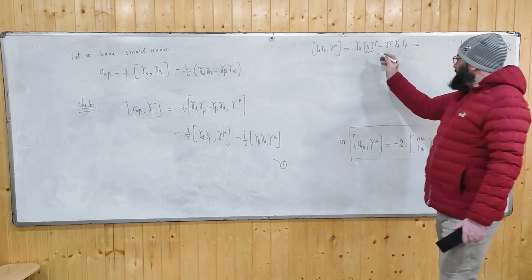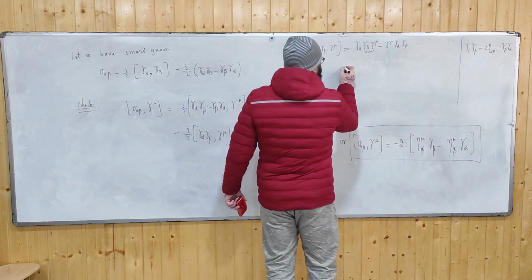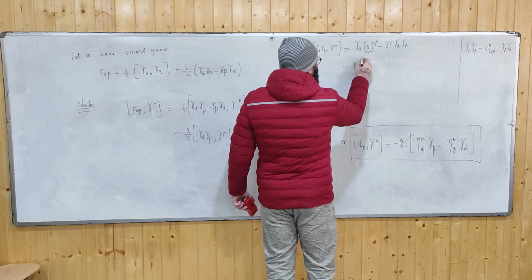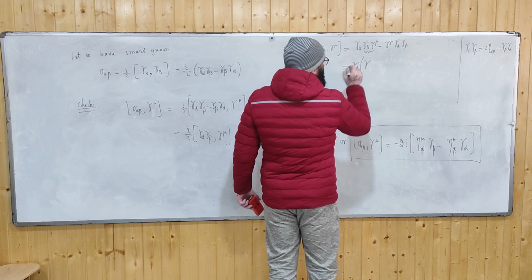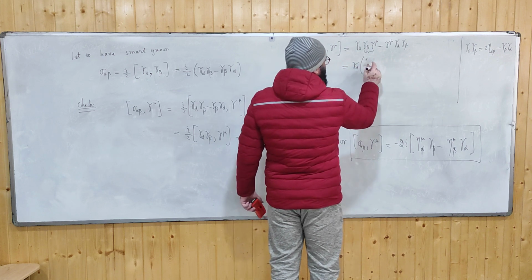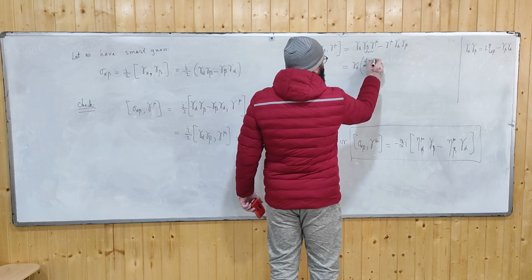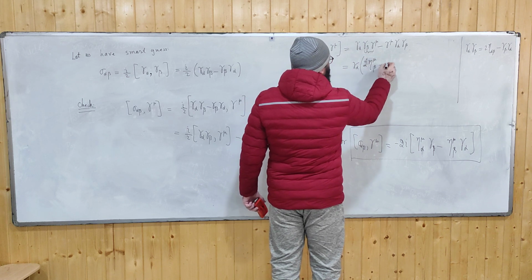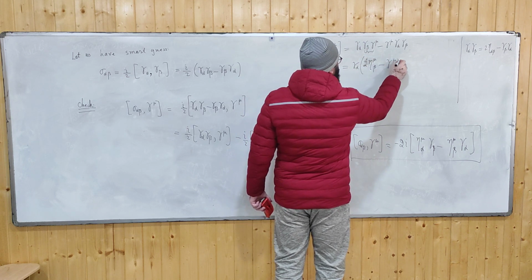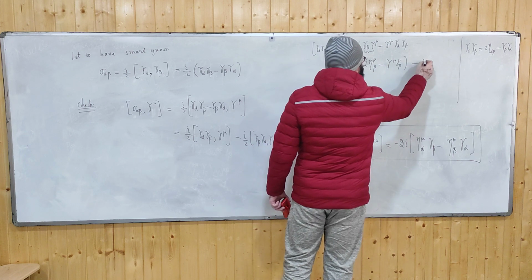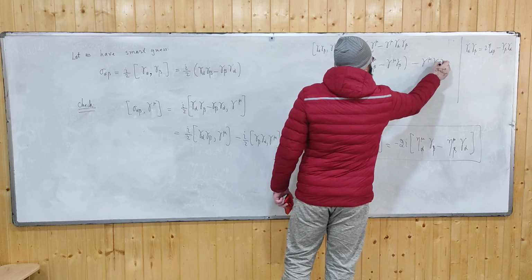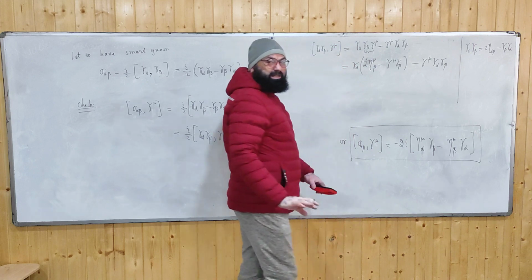Clear? Okay, so let's write it. So it is gamma alpha, and this gamma mu you can write as, now Munir sir, just tell me, twice eta mu beta minus gamma beta gamma mu, keep this there. Got it?